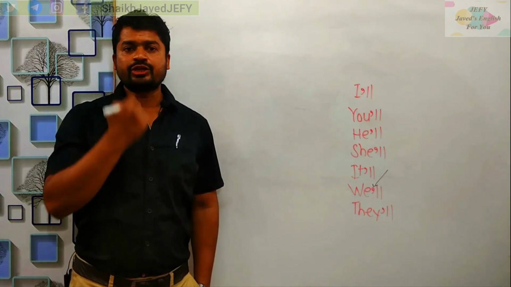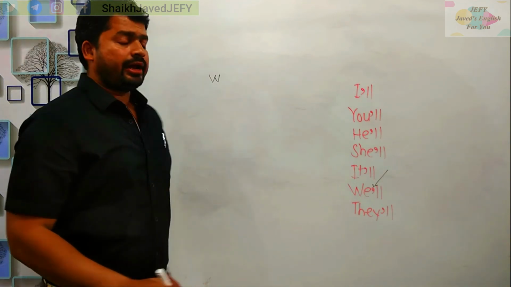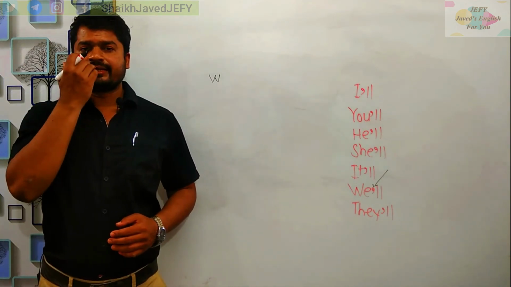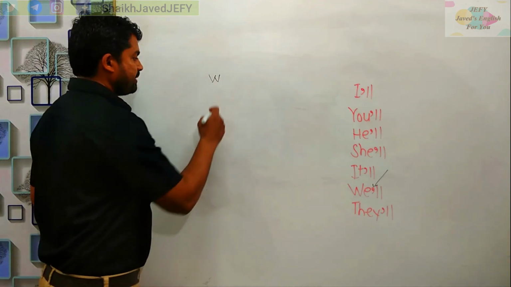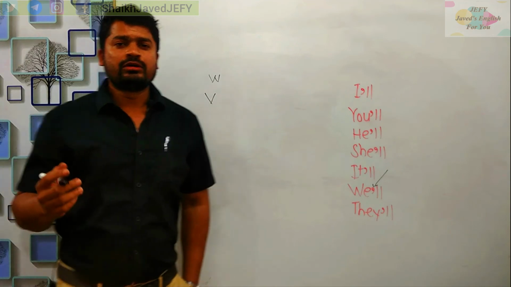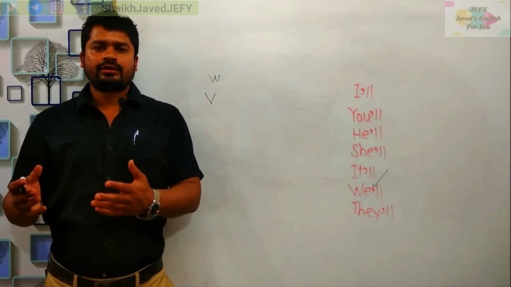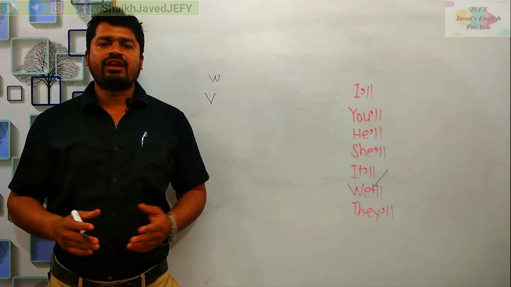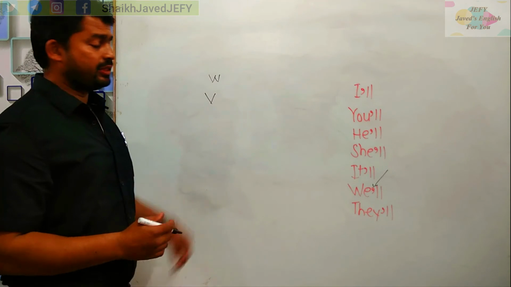Your lips go circular while you pronounce W. And your upper teeth, they touch your lower lip when you say V, like this. Now W, wow, and velocity, like that. There is actually a difference between the pronunciations.